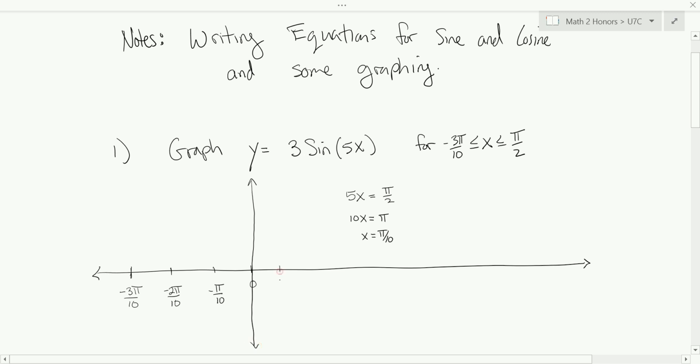And then we have pi over 10, and then 2 pi over 10. And then, when do I stop? We stop at 5 pi over 10, because pi over 2 is the same thing as 5 pi over 10. And so that's when we're going to stop. So it's 4 pi over 10 and 5 pi over 10. Okay.